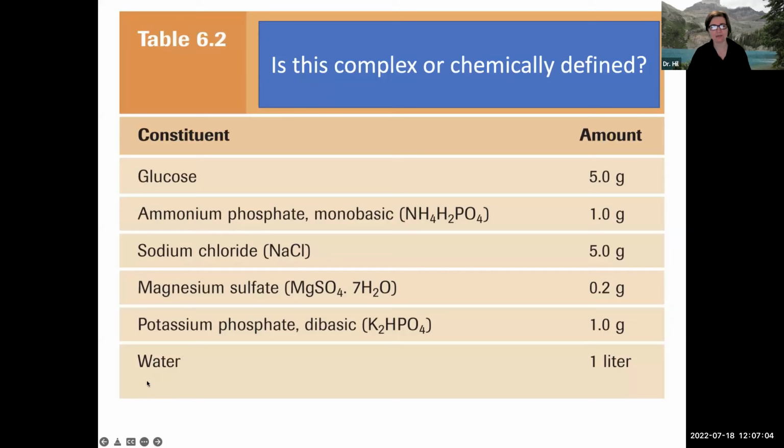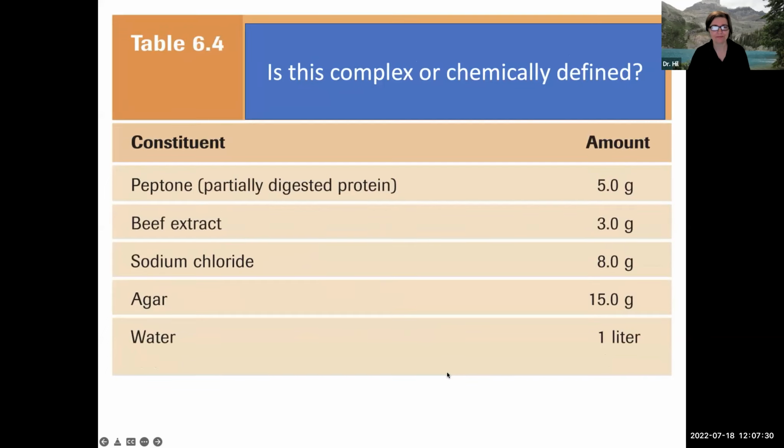Is this considered to be a complex or chemically defined medium? And if you're not sure, putting a question mark is perfectly good. Okay, this is considered chemically defined. Chemically defined is we have precisely measured amounts of pure chemicals. We know exactly to the molecule, theoretically at least, how much of everything there is.